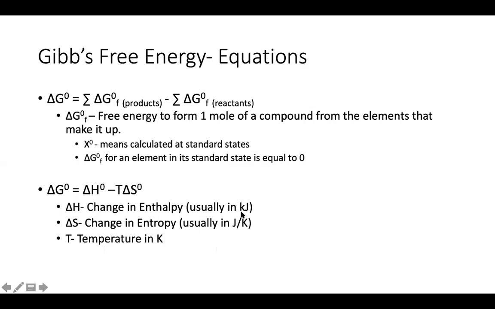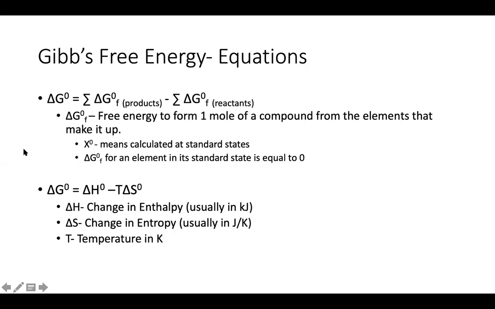But the part that I really want to point out is delta H is in kilojoules, delta S is in joules. So when you do the subtraction between these terms, remember to convert one of these variables, right? Convert them both to kilojoules or both to joules. You can't take kilojoules and subtract joules from it and get the correct answer. You have to make sure that they're both the same unit.